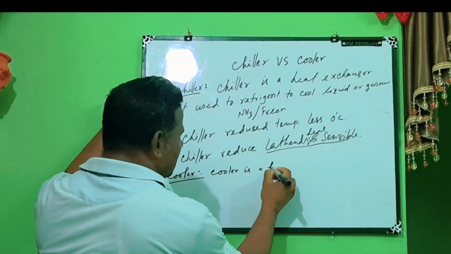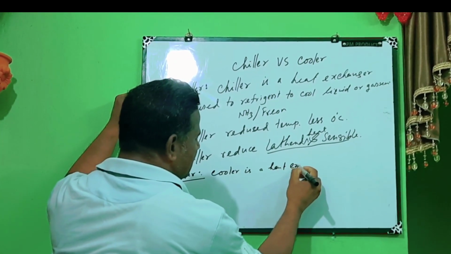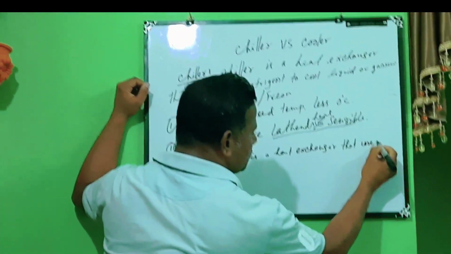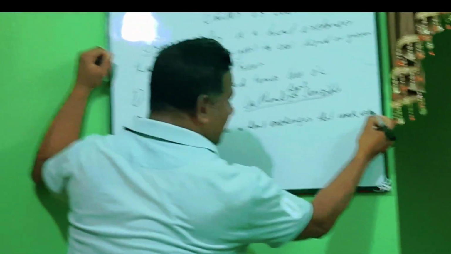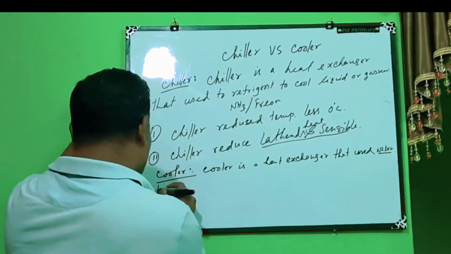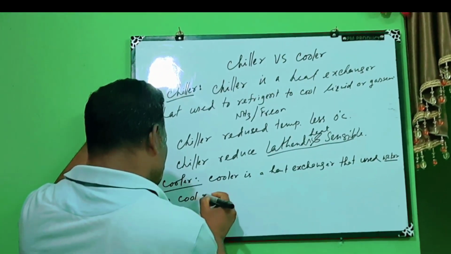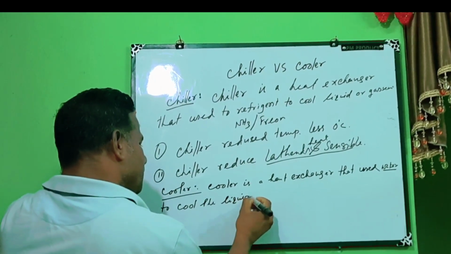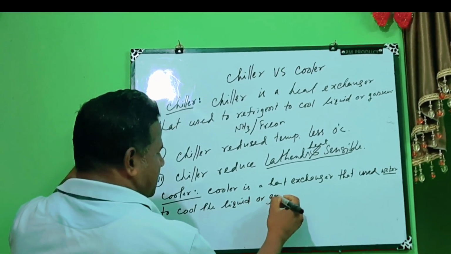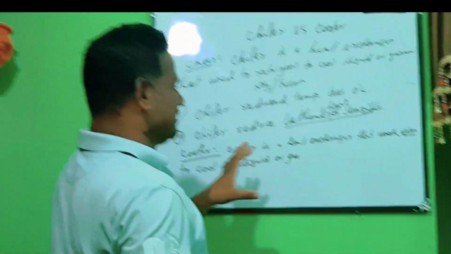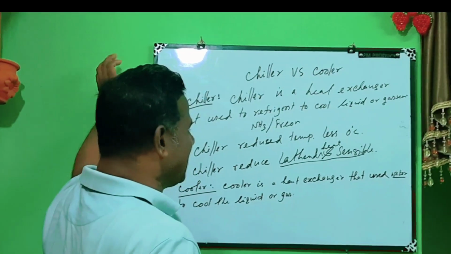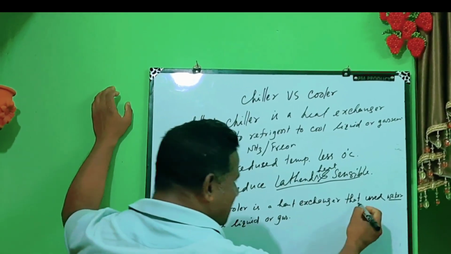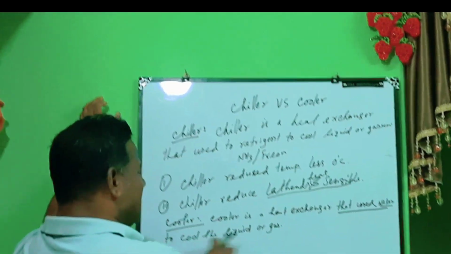Cooler is a heat exchanger that uses water to cool the liquid or gas. From this definition, I hope you are clear on the difference between chiller and cooler. Cooler is a heat exchanger that uses water to cool the liquid or gas.